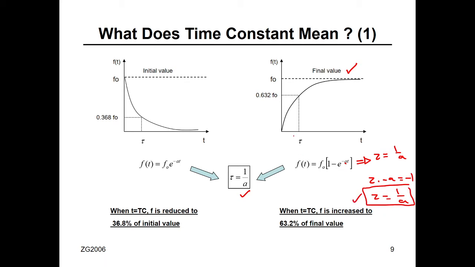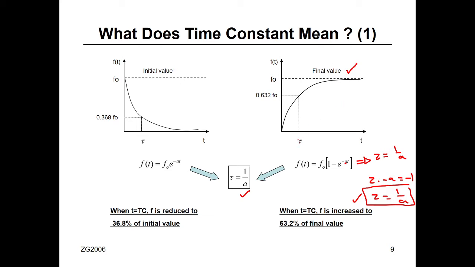All right. What does it mean for final value problem? Final value problem means you have zero initial conditions, for example, and you have a step input. So the response will reach the final value, which is usually equal to the step input. We call it final value.